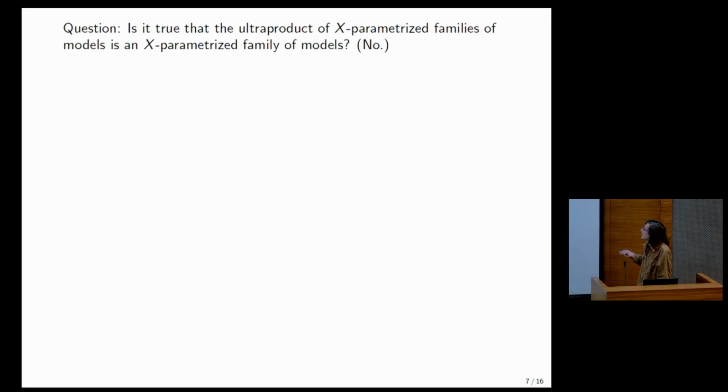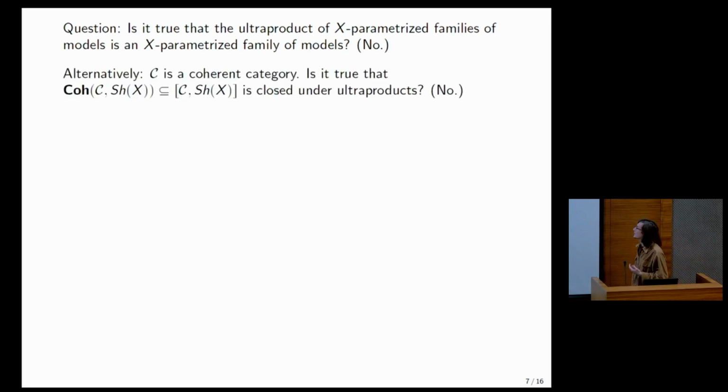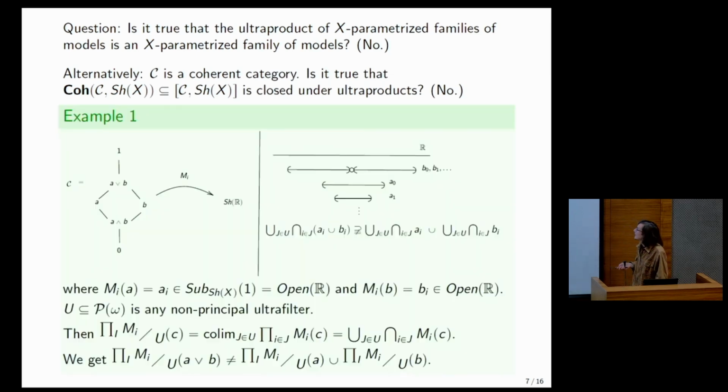So now you can ask, is it true that if you have some collection of X parametrized families of models, then that ultra product will be an X parametrized family of models? Or alternatively, is it true that coherent functors from some small coherent category to sheaves on X is closed under ultra products in this full functor category? And the answer is no.